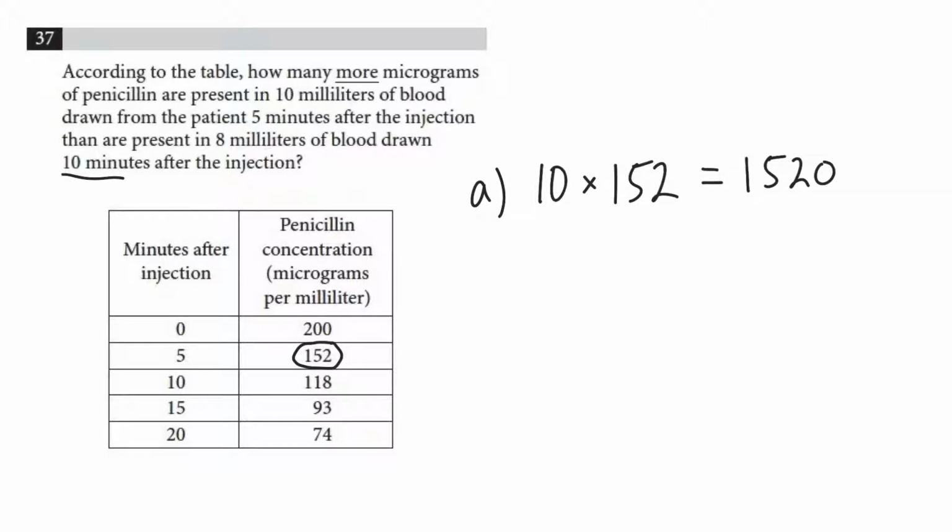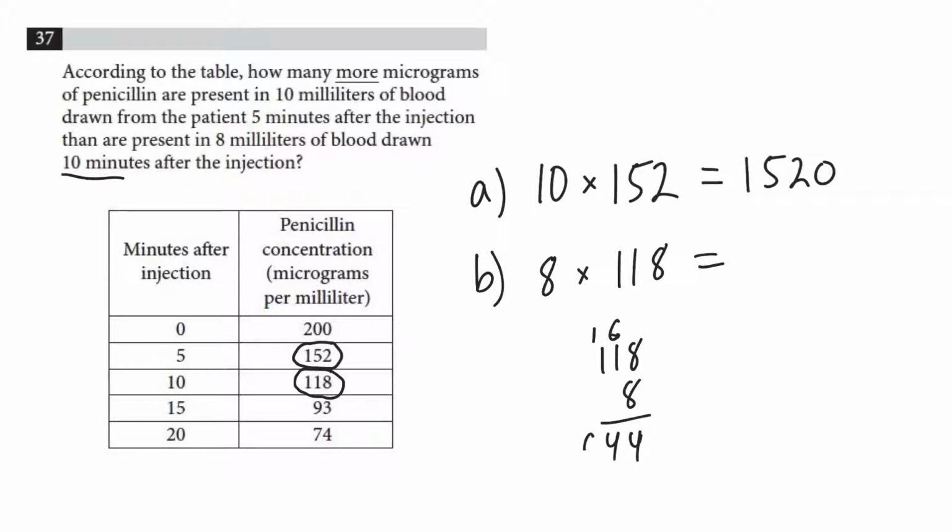Now at 10 minutes, this is B. At 10 minutes, we have 8 milliliters, but the concentration at 10 minutes is 118. So that's going to be 8 times 118. 8 times 8 is 64, 4, carry the 6, it's going to be 14, carry the 1, 9. So 944.